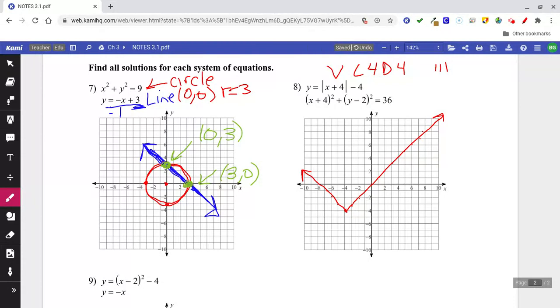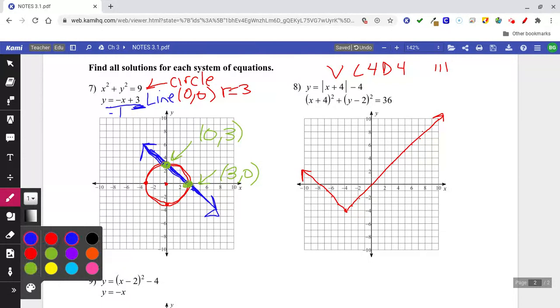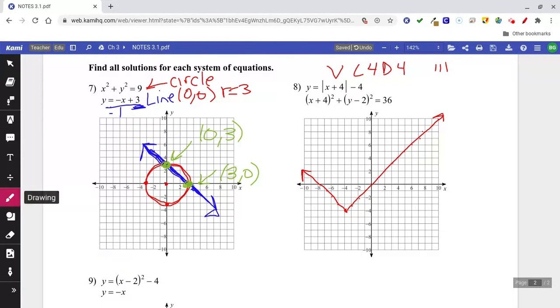Second shape. Do you know what that shape is? It's a circle. We can tell this is a circle. And we can see -4 and +2 is the center. So -4 and +2. And then the radius, square root of 36, is 6. So I'm going to go to the right 6. 1, 2, 3, 4, 5, 6.